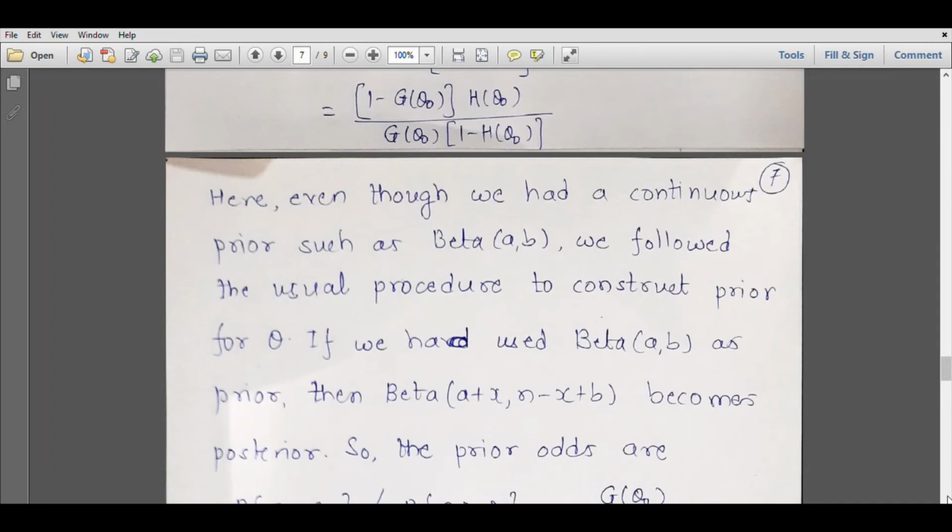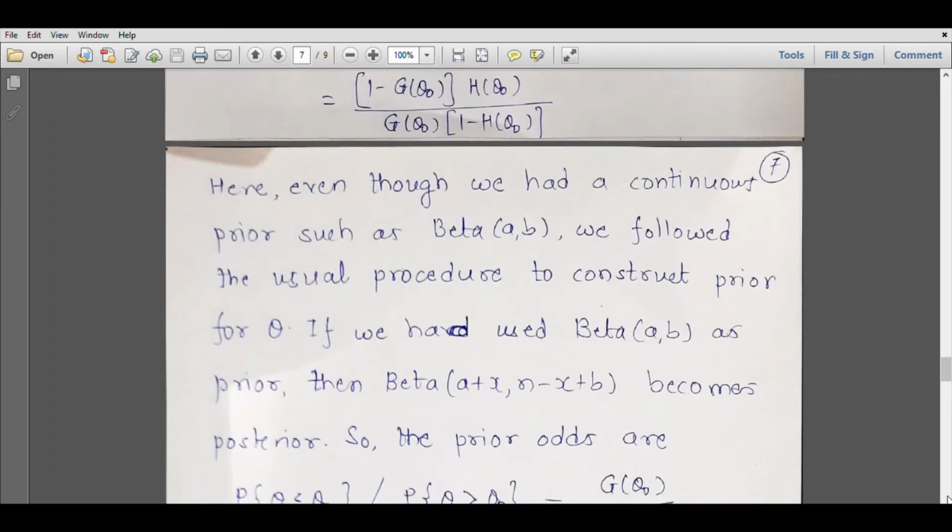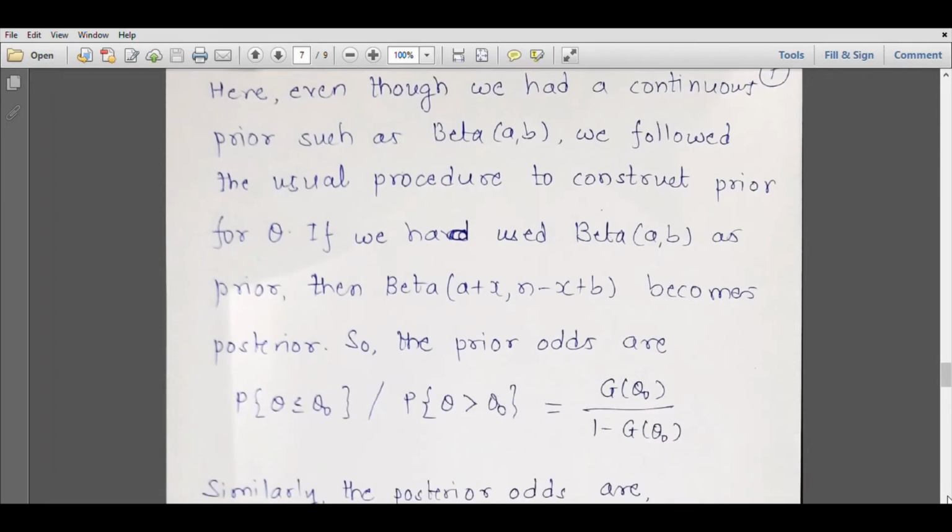So if we use beta(a, b) as a continuous prior, then we have already discussed several times that beta(a plus x, n minus x plus b) will be the posterior. So the prior odds are now the probability of theta less than or equal to theta naught upon the probability of theta greater than theta naught.